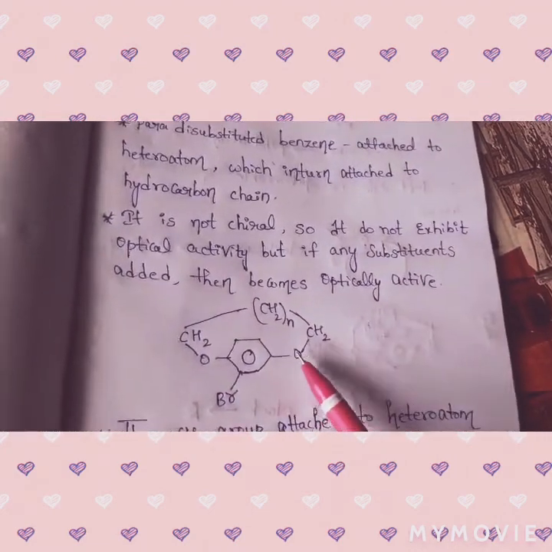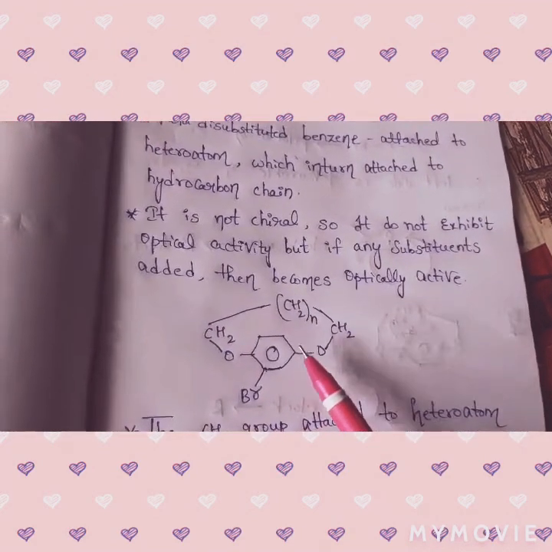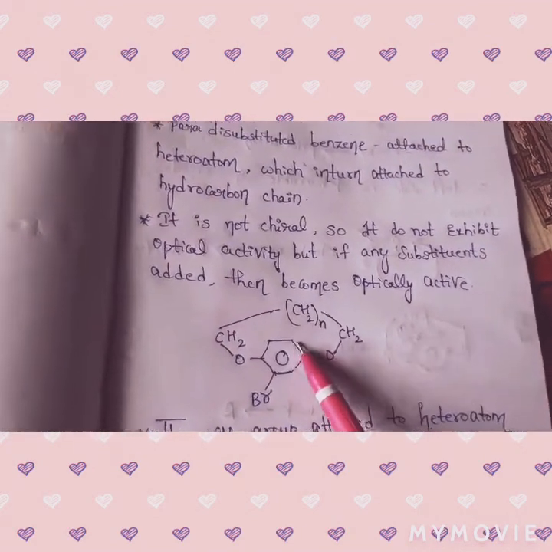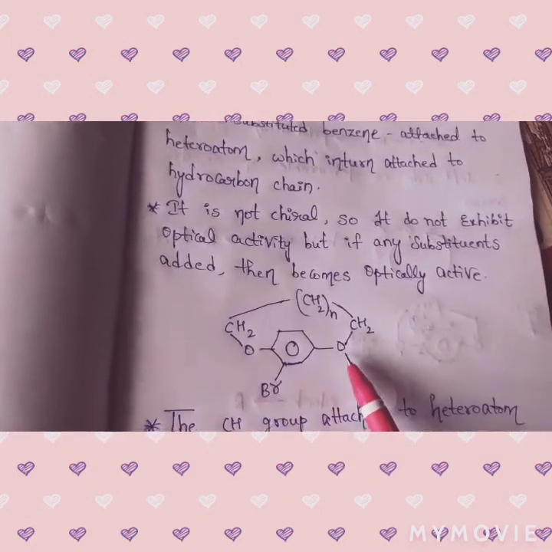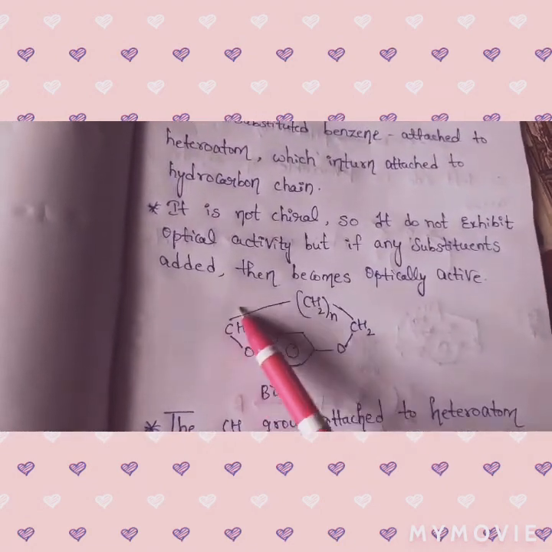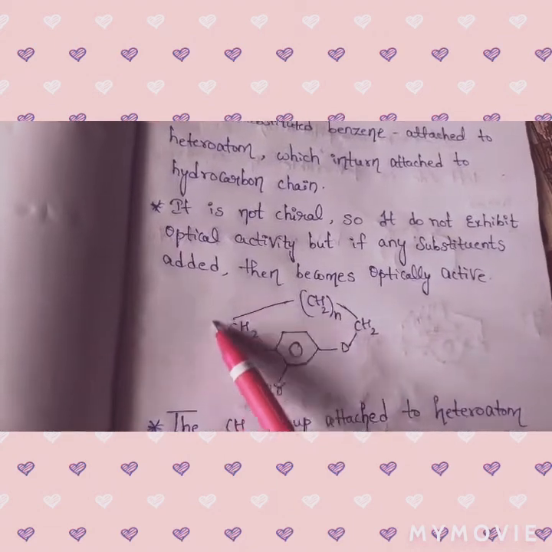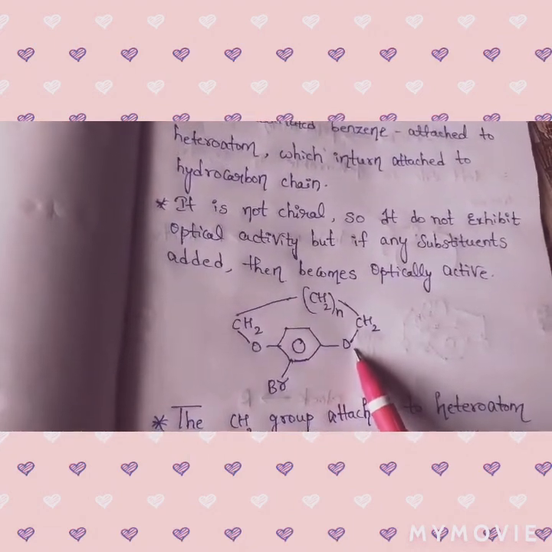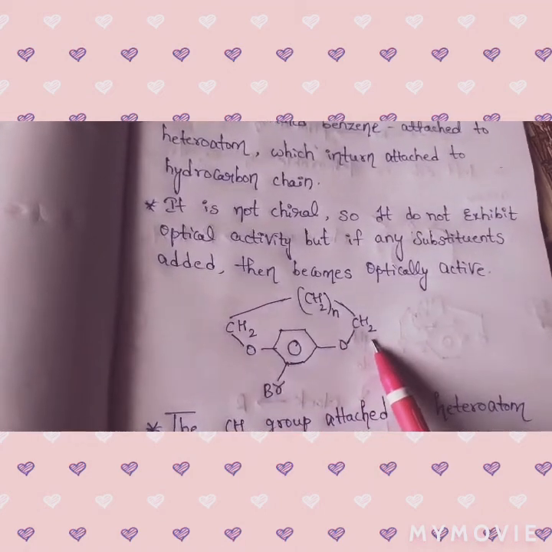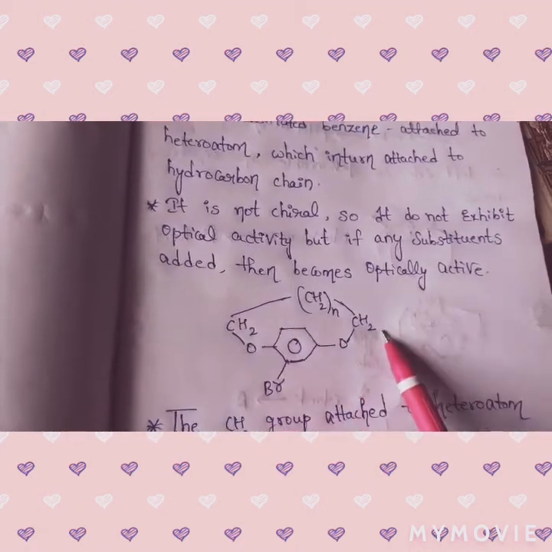Let us see this. First of all we have to find whether it is an ANSA compound or not. This is a para disubstituted benzene, attached to a heteroatom, which in turn is attached to a hydrocarbon chain, so we can confirm this as an ANSA compound. Now let us observe whether this is optically active or not.